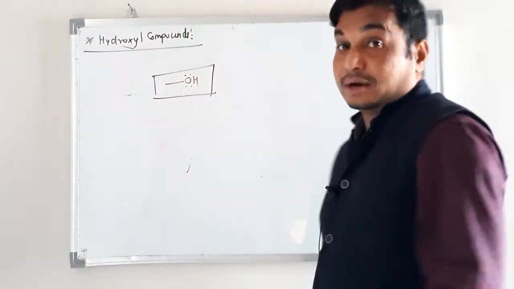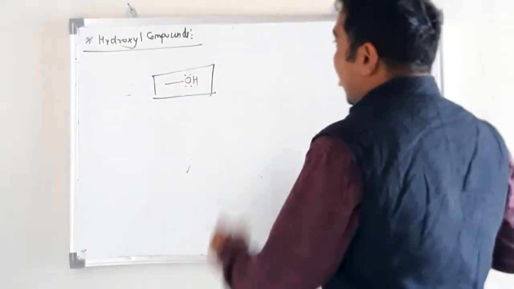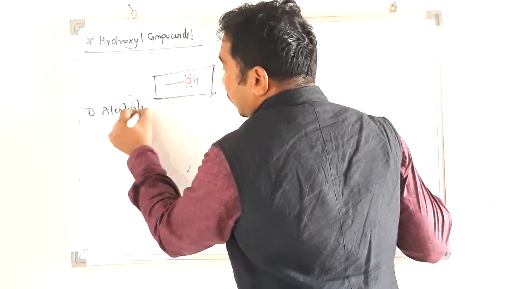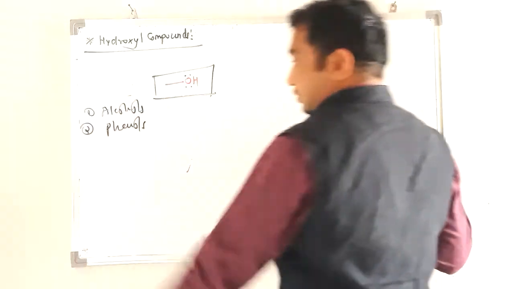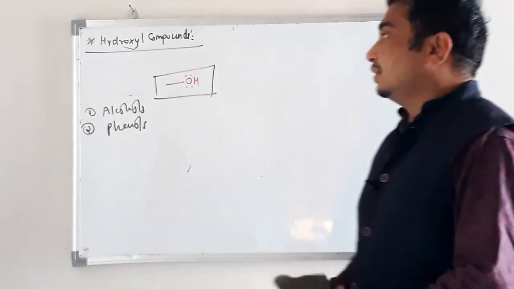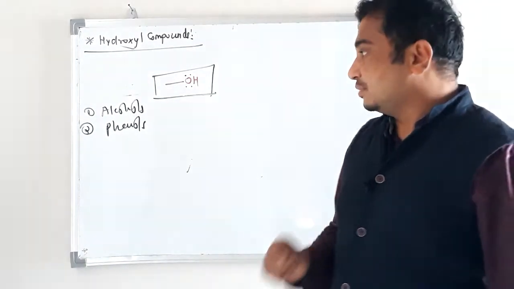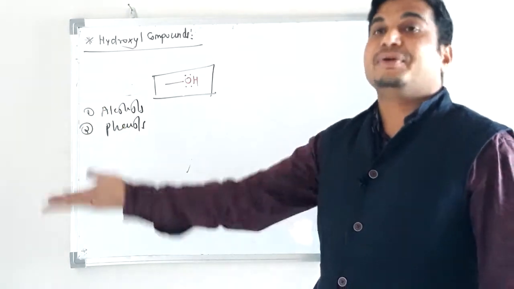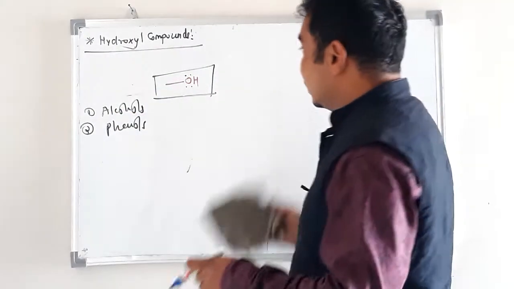And these hydroxyl compounds are of 2 types: one is alcohols, and another is phenols. Both are very important. We will see this one by one.